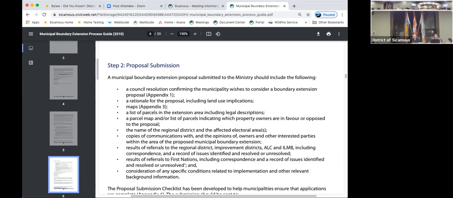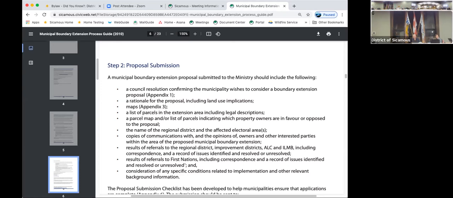And they have lots of questions. That's part of the process before the ministry will even consider a boundary extension, because at the end of the day, being creatures of the province, it is the province that will have the final say, based on a study, based on the will of the people both inside and outside the District of Sicamous, and based on good governance models that an annexation is warranted.